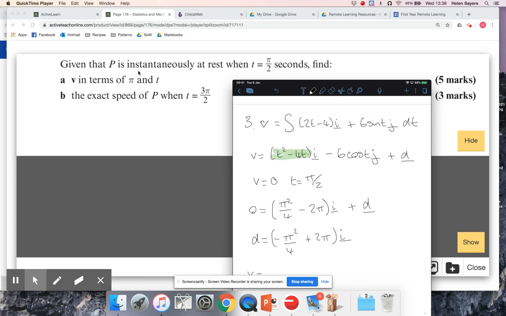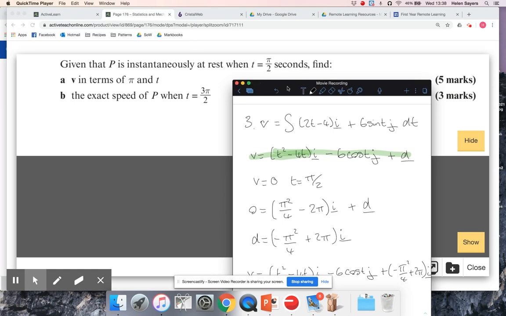Okay, so that would mean that v is, I'll write it out unsimplified and then tidy it up. I'm going back to this line here. So v is t squared minus 4t i minus 6 cos t j, and then plus minus pi squared over 4 plus 2 pi, just about squeeze that in on the end.